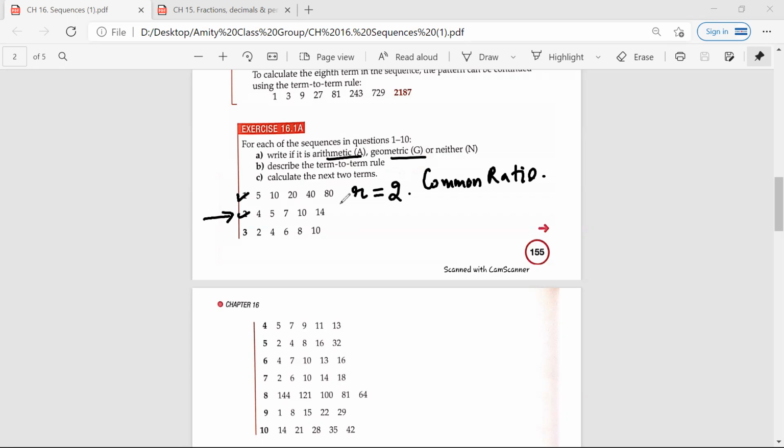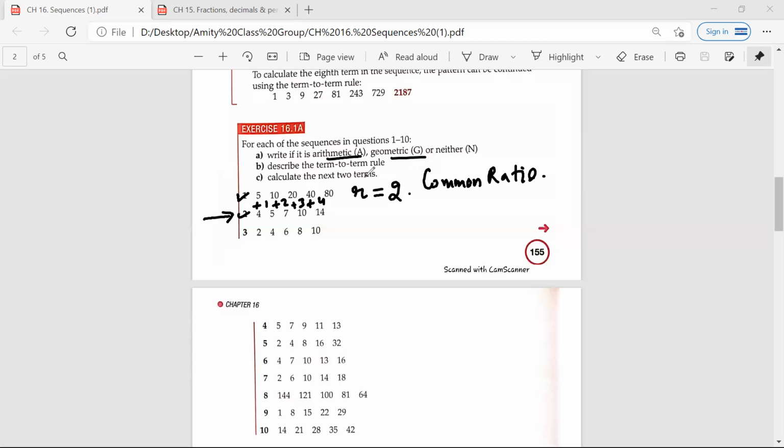Arithmetic, because you keep on adding something, and if you subtract, the difference for the first two terms will be 1, for the second and third term the difference will be 2. The difference keeps on increasing. So I think it's arithmetic.